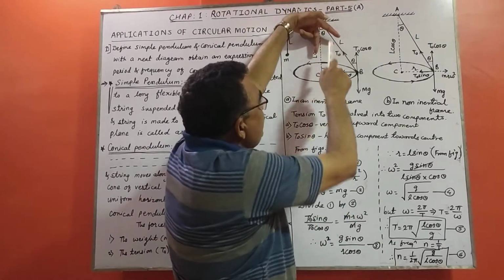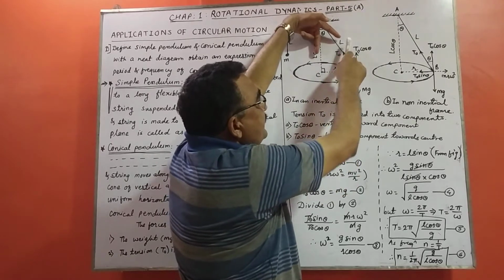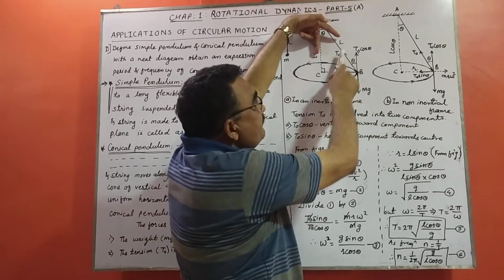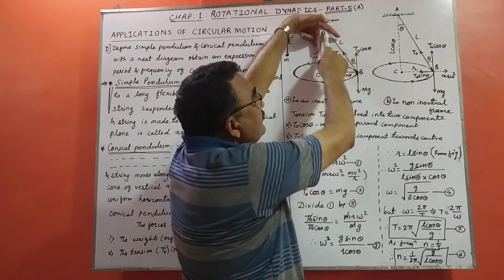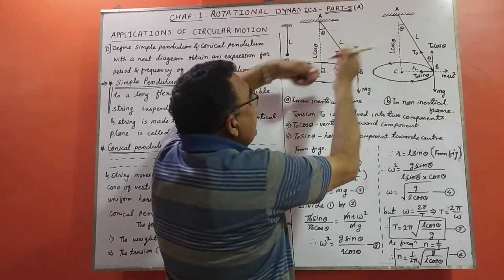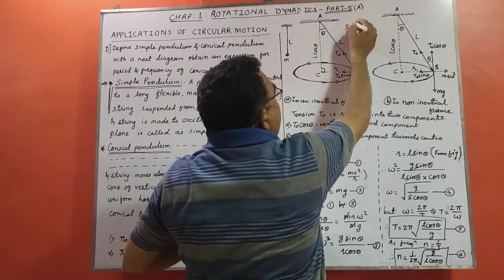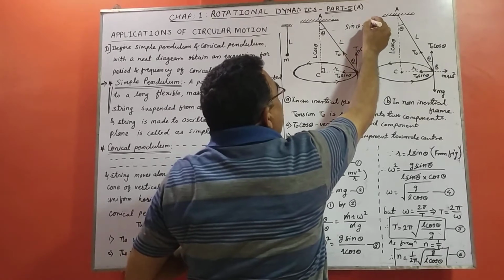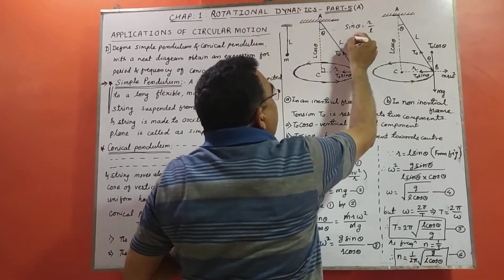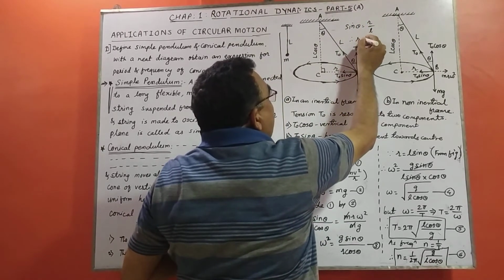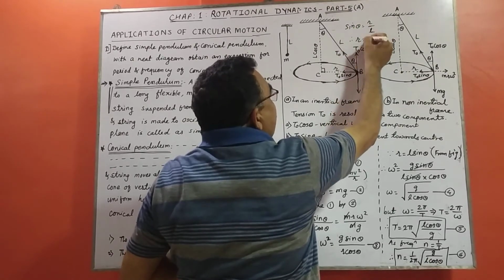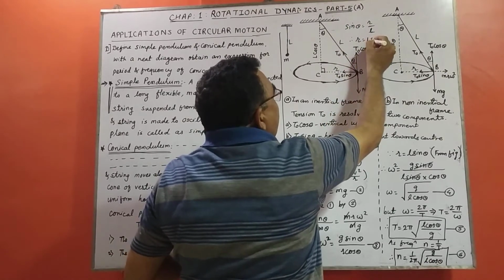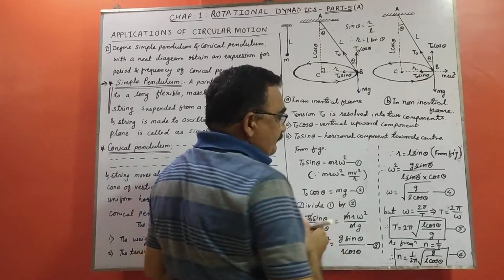Sin theta is equal to opposite upon hypotenuse, r upon L. So sin theta is equal to r upon L. Taking L to this side, r is equal to L sin theta.